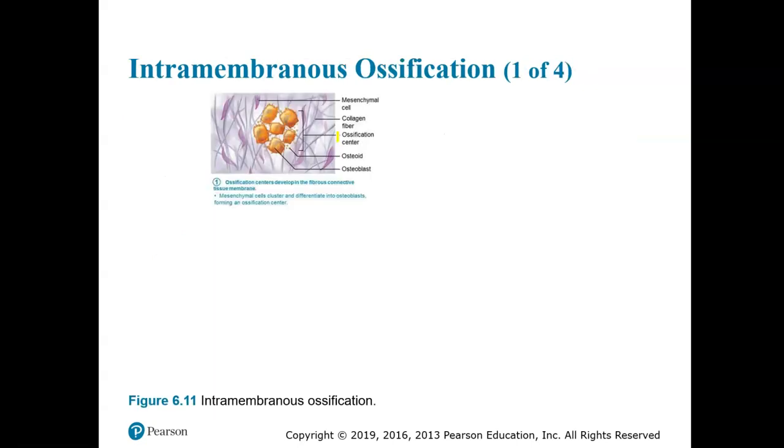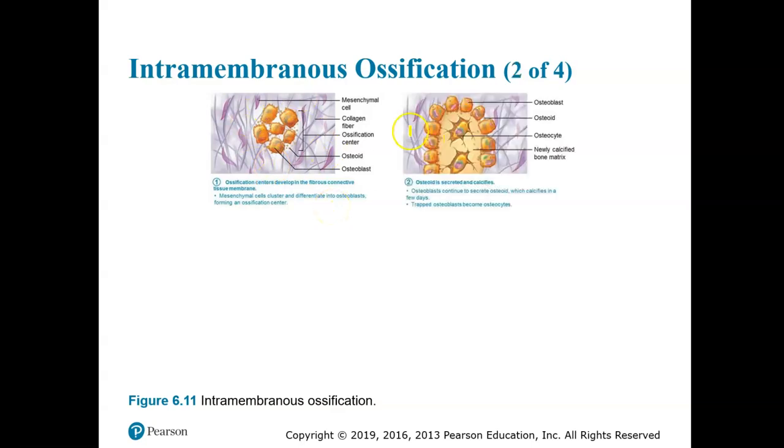Basically, mesenchymal cells cluster and differentiate into osteoblasts, and those osteoblasts form an ossification center, and the bone just starts at that center and grows outward.